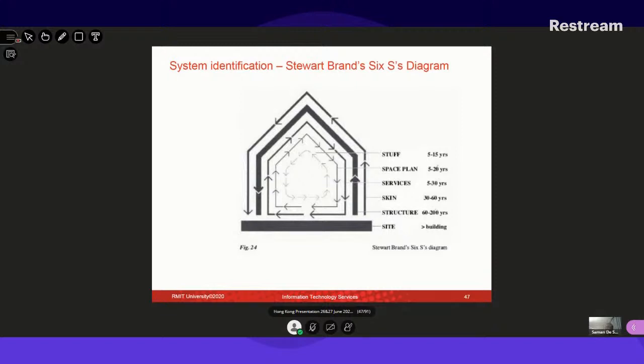Although this six S's also gives a rough idea of when actually these things have to be changed all the time. Now, in his theory, some long time ago, the stuff is changing every 5 to 15 years. Here, stuff means the floor carpets and the floor finishes and the repainting and all that sort of stuff.